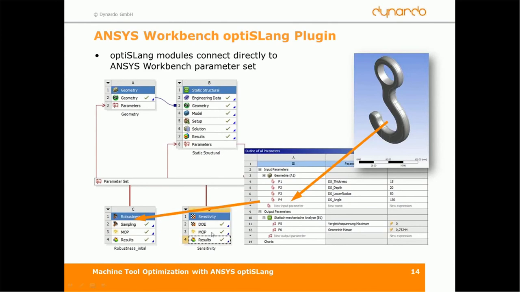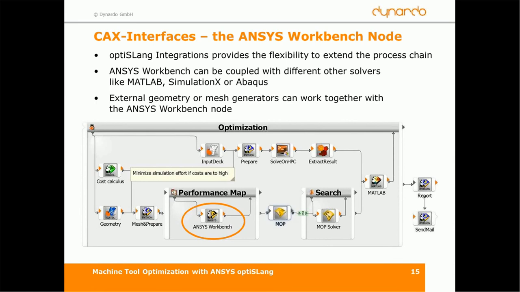This can be used inside the Workbench, but we can also connect the Workbench model and run the Workbench in batch mode by using the so-called Workbench node. Then this can be combined with different solvers, different CAD tools, different pre- and post-analysis.